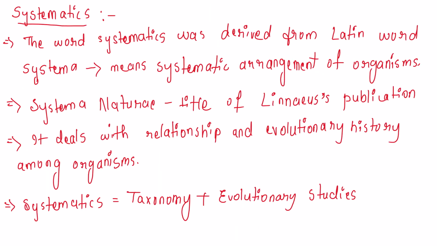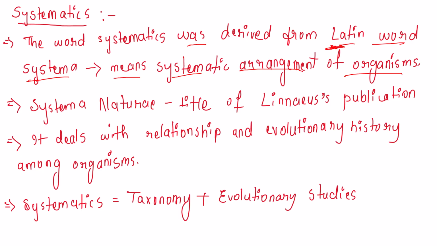Let's move to systematics. What does systematics mean? The word systematics was derived from the Latin word systema, meaning systematic arrangement of organisms. Why exactly are Latin words used usually in biological names? Because Latin is a dead language. What is a dead language?